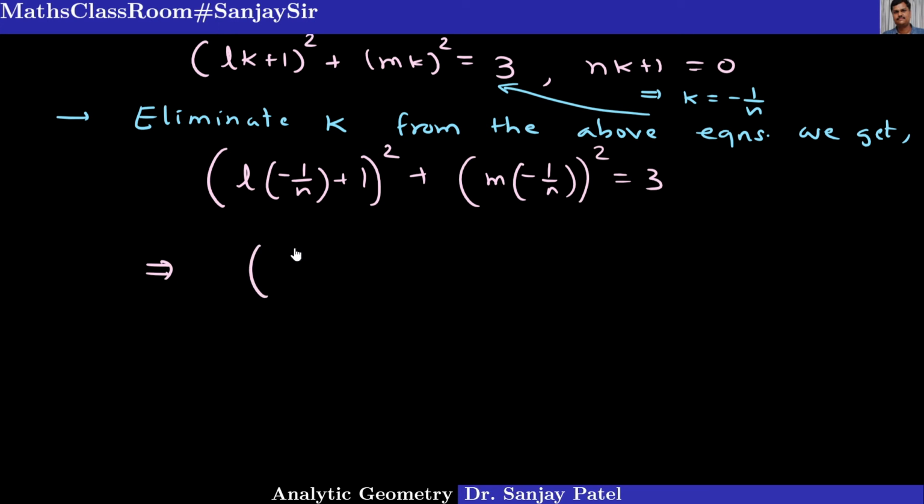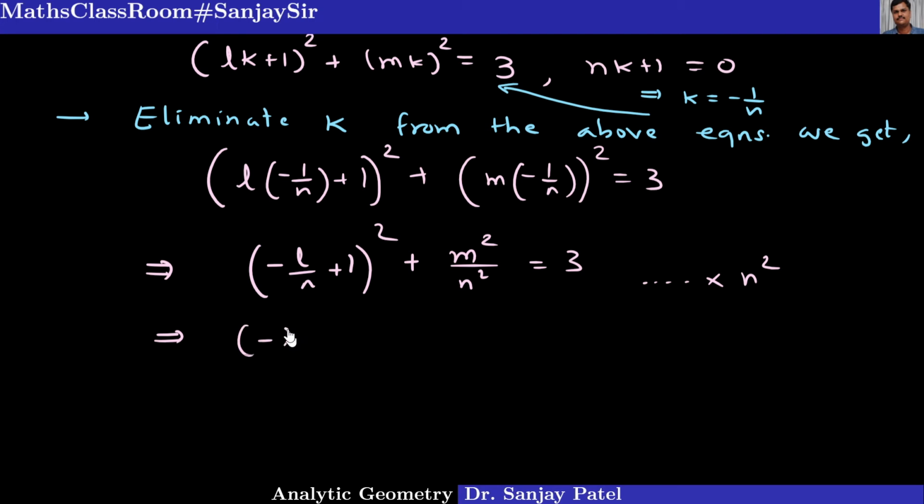You can see what will be the simplification very easily. This is, say, (minus l upon n plus 1) whole square plus m square upon n square is equal to 3. Multiplying this equation by n square, because n square is the denominator for both of these terms, I will get (minus l plus n) whole square.